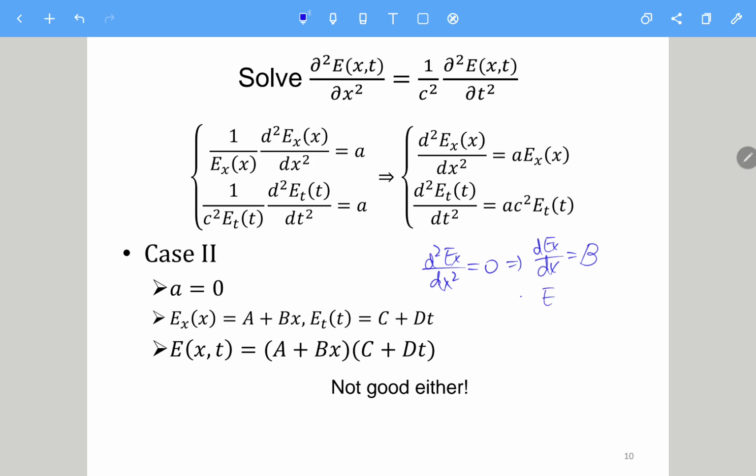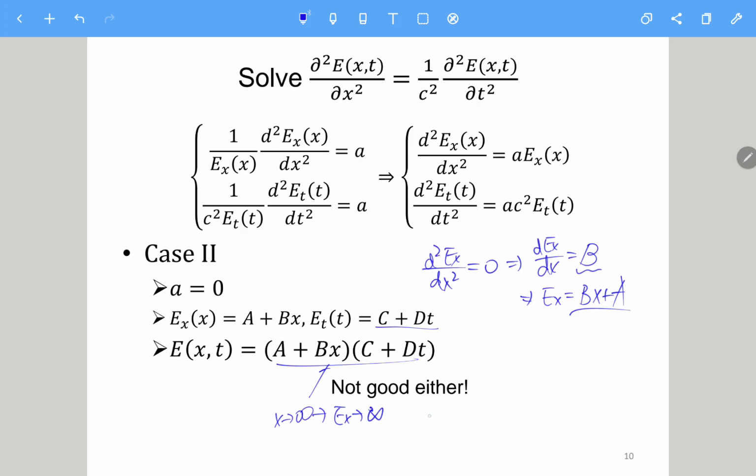So it becomes E_x equals b times x plus another constant, so a plus b x, c plus d t. This is not good either, because if x tends to infinity, then E_x also tends to infinity, which is not good.